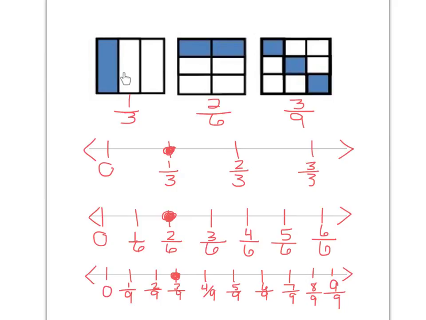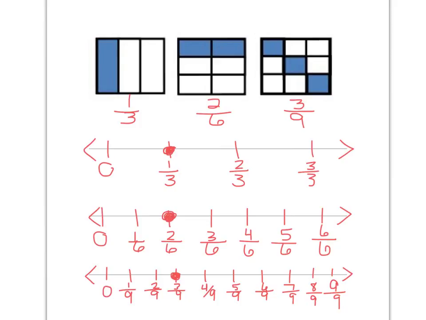Another way to think about this is that with 1/3 and 2/6, it's almost as if they drew a line right there and just turned it on its side. 2 units, 2 units. It still takes up the same amount of space, but it shows 2/6 now.